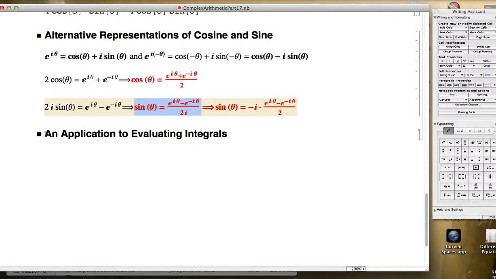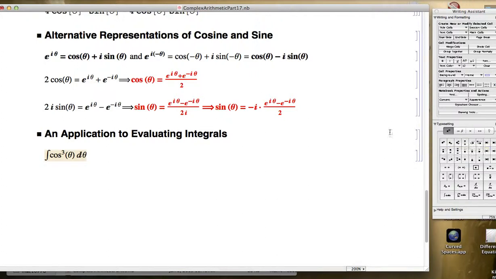It is going to be still an application to evaluating integrals. And the integral we're going to try to evaluate here is going to be an indefinite integral of cos cubed theta d theta. That's going to be the integral that we're going to evaluate. And how are we going to evaluate it?